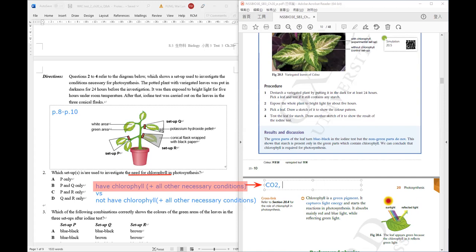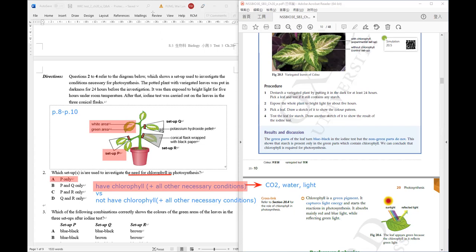CO2, water, light. Okay, as a result, you should be able to compare in setup P. You compare the white area and the green area only.